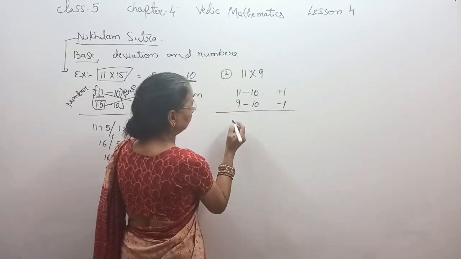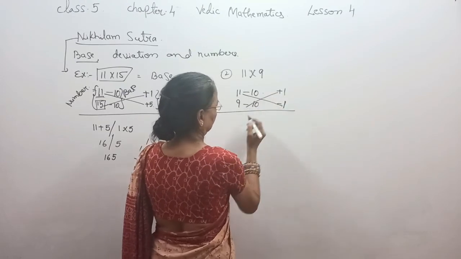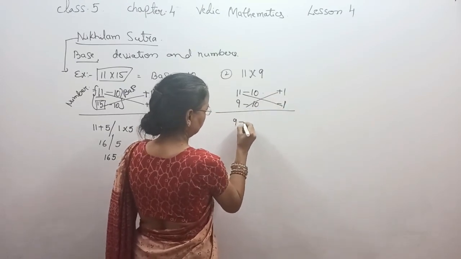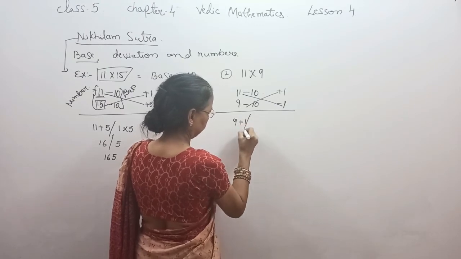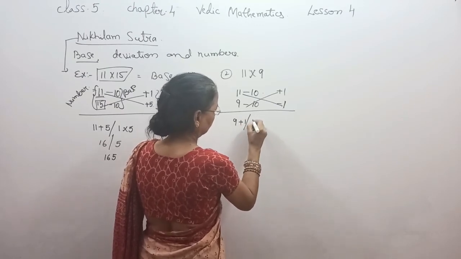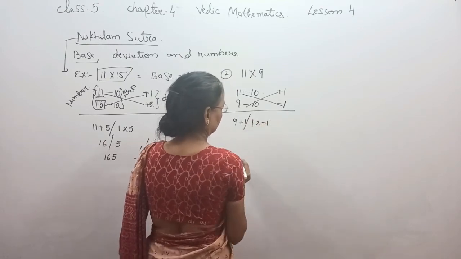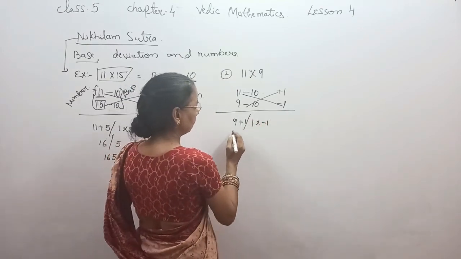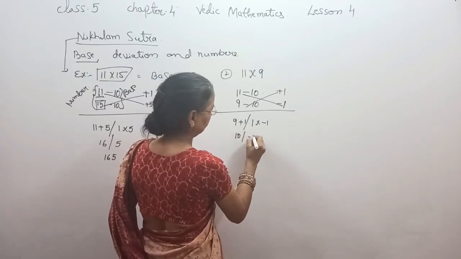Now we have to take 9 plus 1, slash, 1 into minus 1. Now 9 plus 1 is 10, slash minus 1.